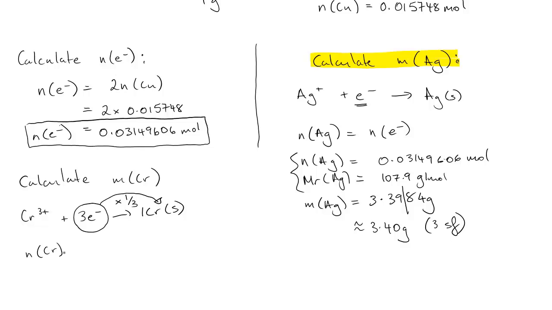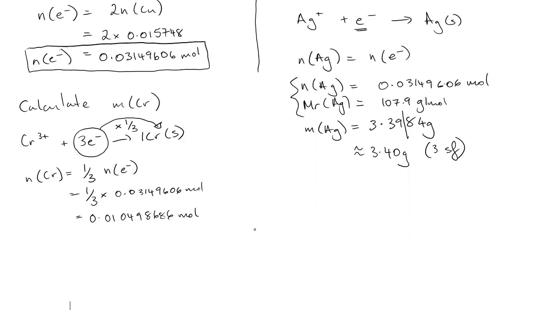So the mole of chromium is equal to 1/3 times the mole of electrons. So 1/3 times 0.03149606 mole. I'll just calculate what that is: 0.03149606 divided by 3 is 0.01049866 mole.